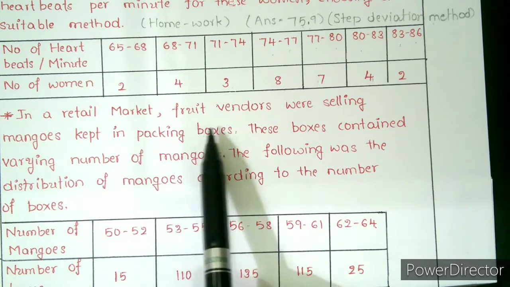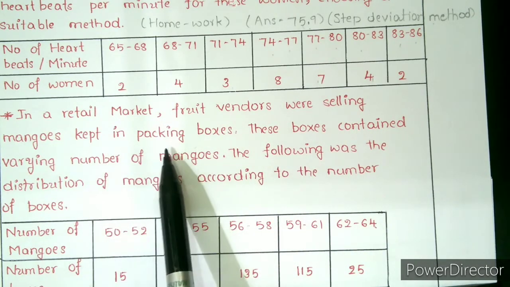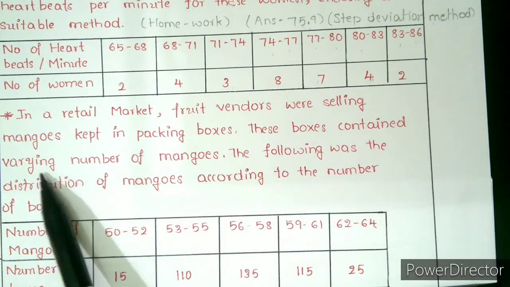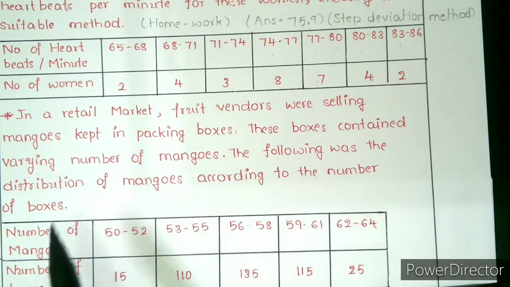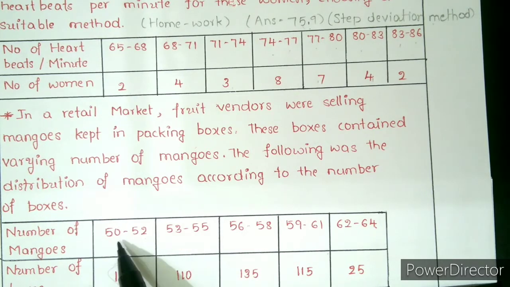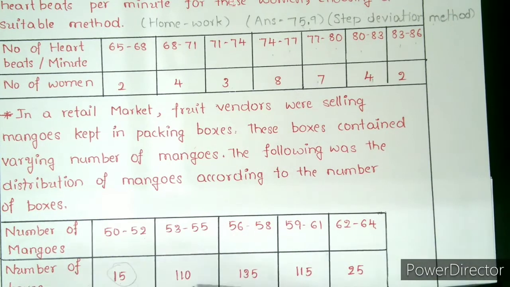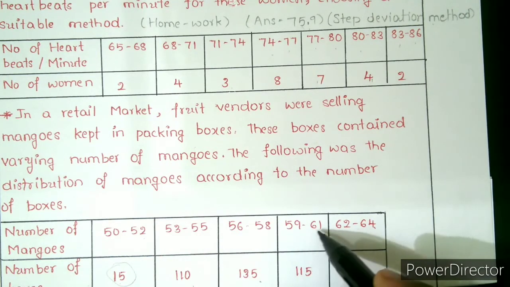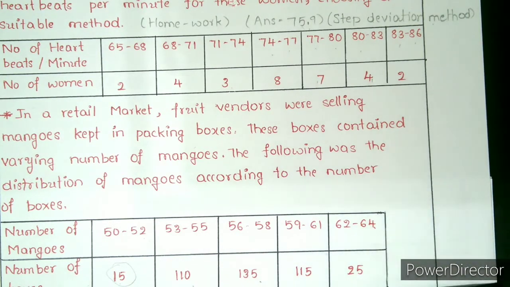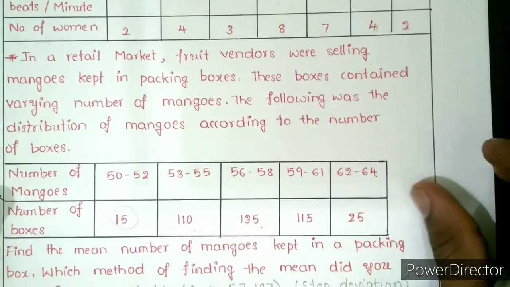Number of mangoes 50 to 52 has 15 boxes, 53 to 55 has 110 boxes, 56 to 58 has 135 boxes, 59 to 61 has 115, and 62 to 64 has 25 boxes.